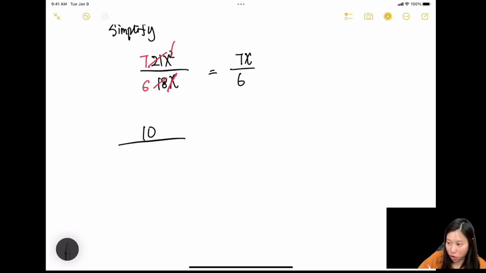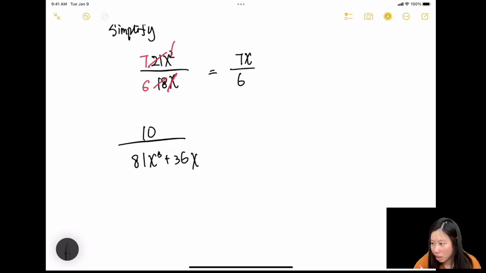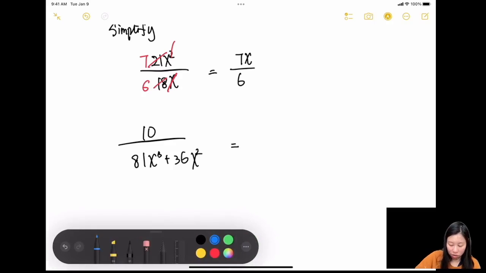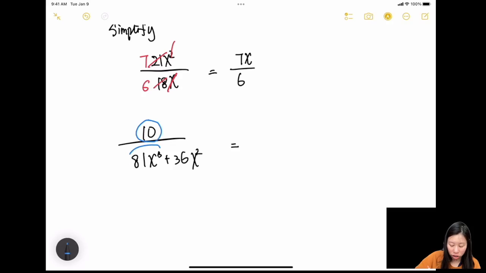Okay, now let's do another one. 10 over 81x cubed plus 36x squared. In this case, we need to factor the common factor out. Or you can look at each term. How many terms do they have? We have 3 terms, 1, 2, 3. And among these 3 terms, what would be the common factor?